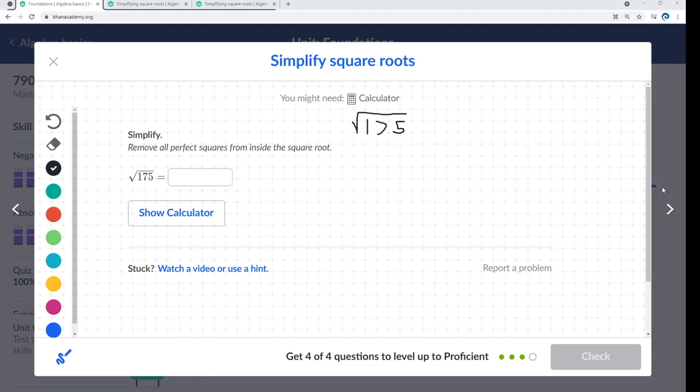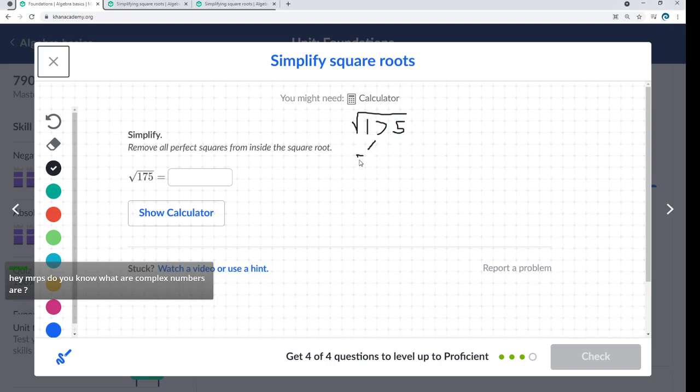It's not going to divide cleanly into 4, I'm sure. So 175 divided by 5 is going to be 5 and 35. Is it 35?